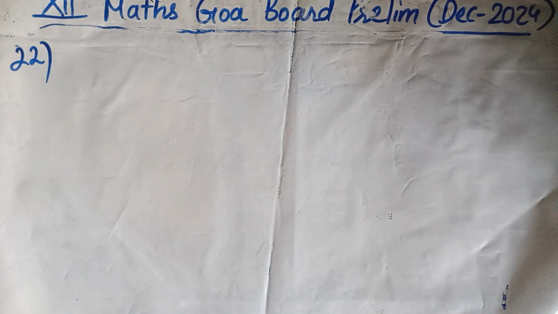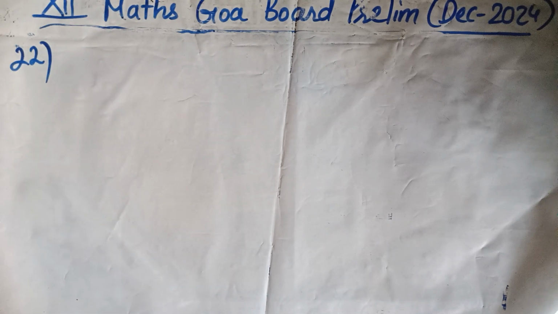Next question: you have to prove that the inverse of a square matrix, if it exists, is unique. Here you can prove it by the contradiction method. That is, you take two inverses.